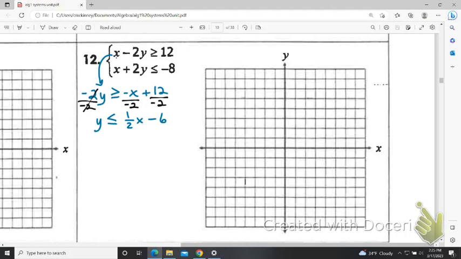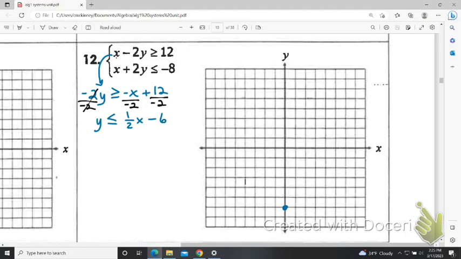So if you have to multiply or divide by a negative, like the coefficient on the y is negative, the symbol is going to change direction. All right, so this one is starting at negative 6. 1, 2, 3, 4, 5, 6. Double checking that I counted it correctly.